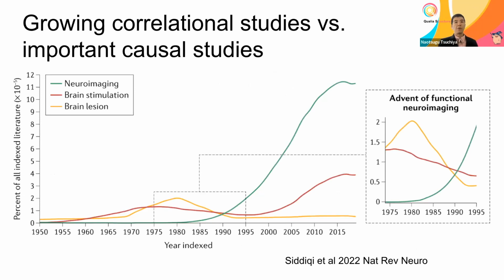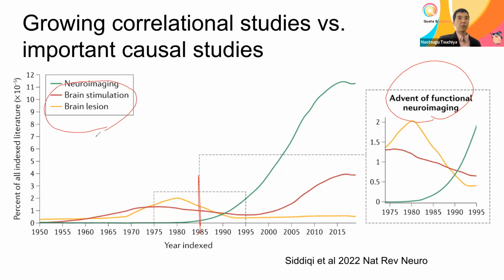So if you look at most of the papers that we review in the tutorial, they tend to have a strong emphasis on normal people, in psychophysics or neuroimaging. But before the advent of functional neuroimaging, around 75, 85, and so on, most of the knowledge in consciousness studies of brain science actually came from brain stimulation and also brain lesions.